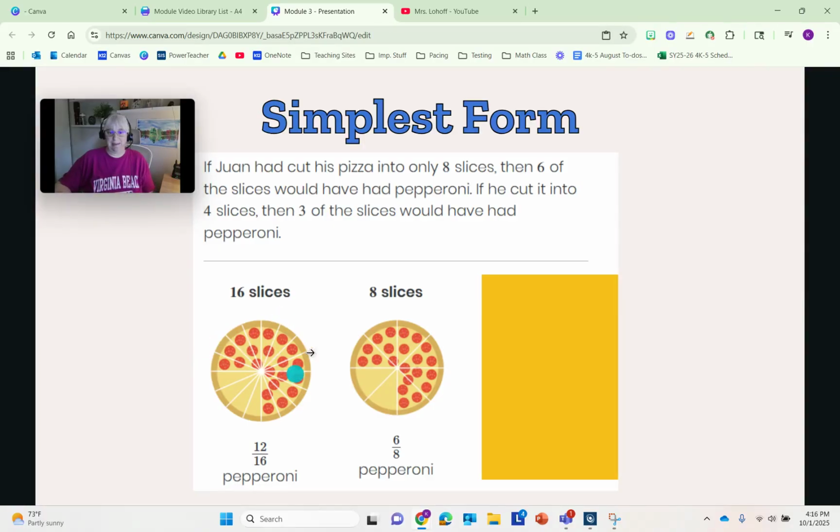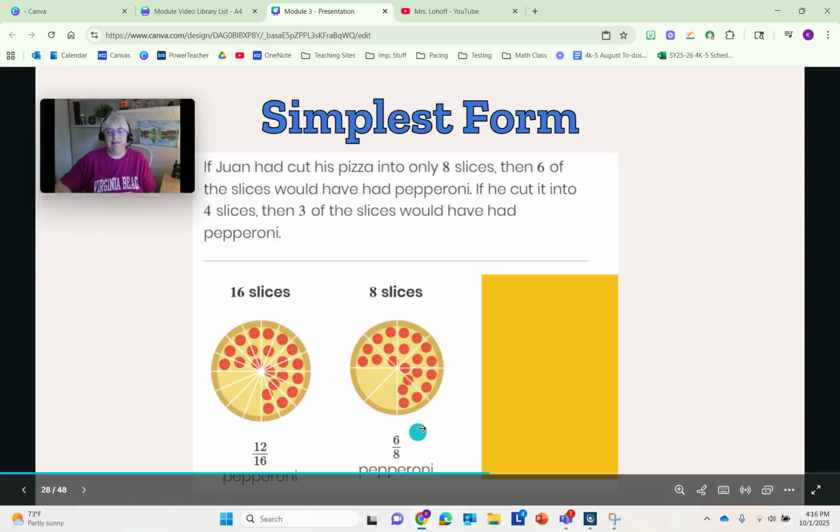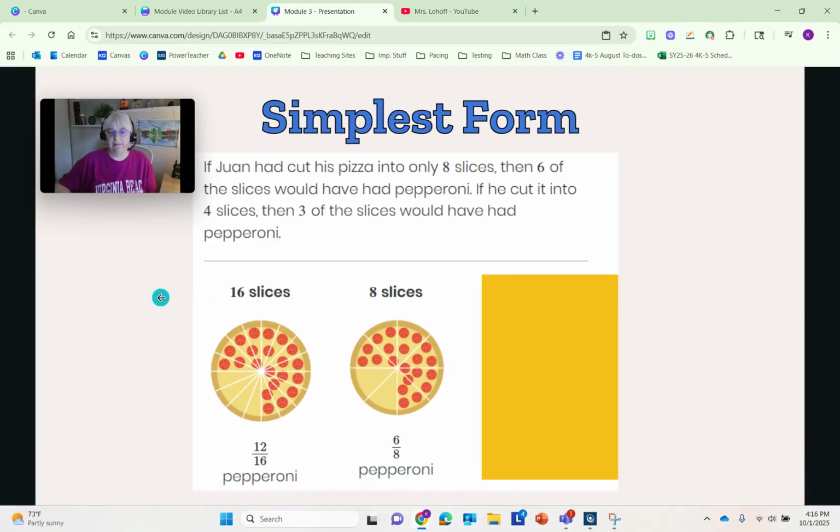It has the same amount of pepperoni on it. We've just cut it into fewer slices. And if we count how many have pepperoni on them, I see 1, 2, 3, 4, 5, 6 of the 8. So 6/8 pepperoni is the same as 12/16.